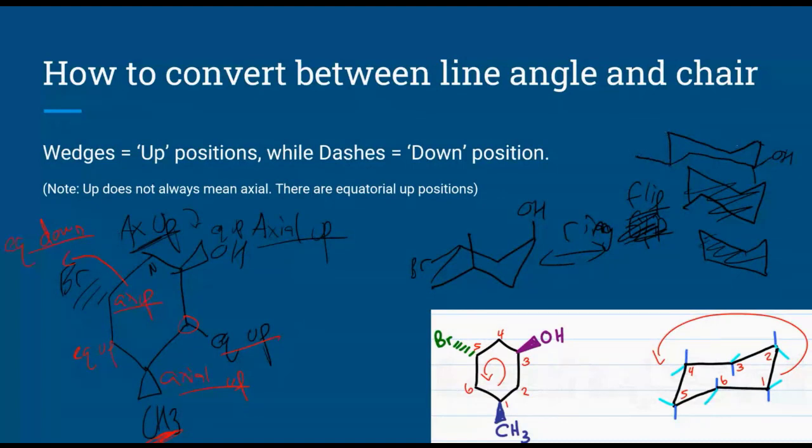This CH3 goes here, 1, 2, and the bromine goes there. So we see now in this position, it's equatorial up, equatorial up, equatorial up. Sorry, this is actually an axial down. That is my mistake.